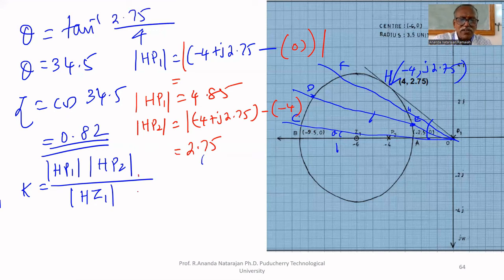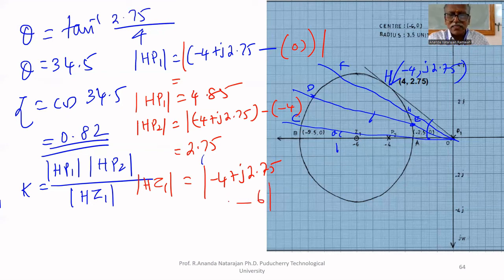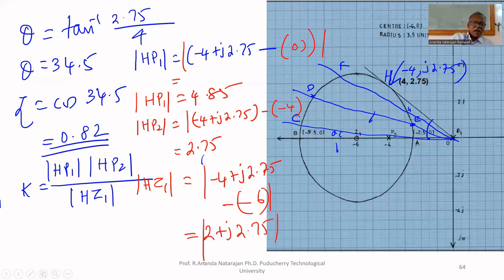What is the modulus of HZ1? It equals modulus of minus 4 plus j2.75 minus the zero at minus 6, that is, minus 4 plus j2.75 plus 6, which equals 2 plus j2.75. The modulus is 3.4.